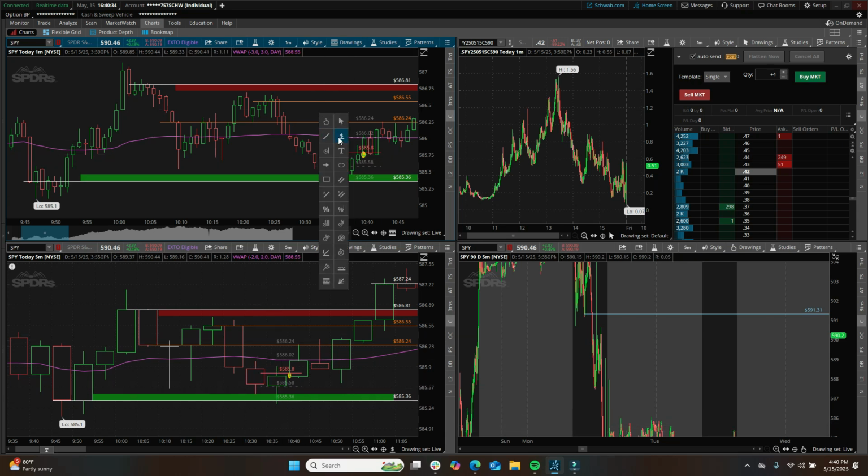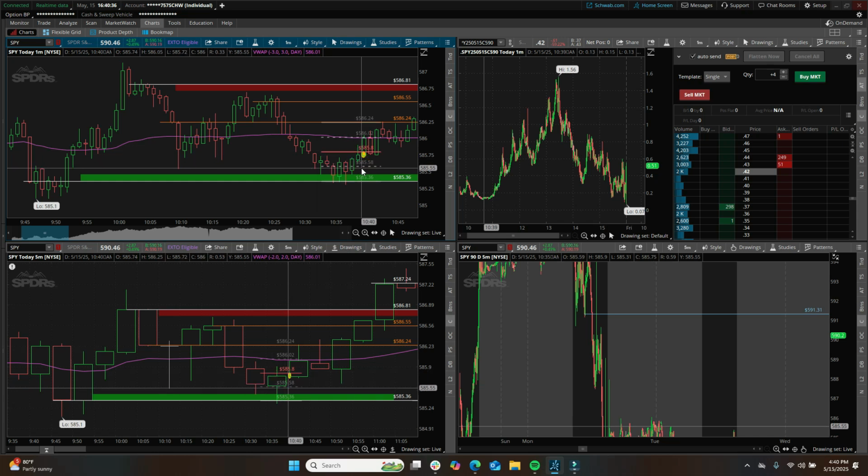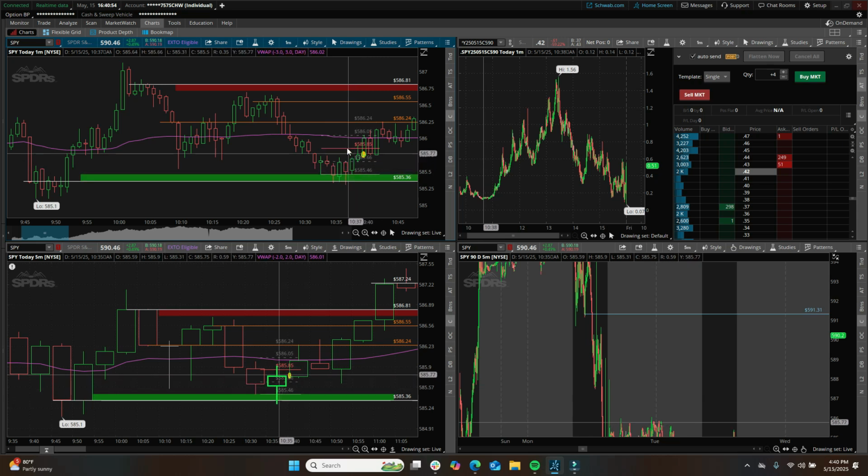So I would make my stop loss here. And it coincides because it's further than the base of the agreement between the zone candle and the reversal candle.